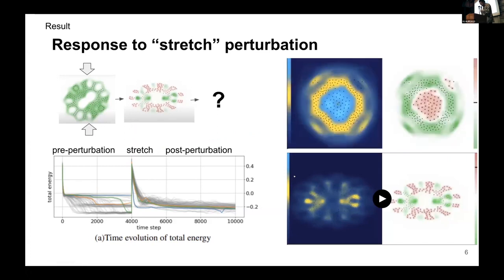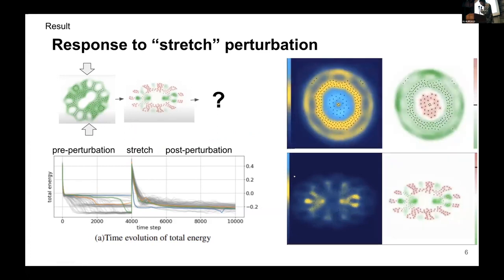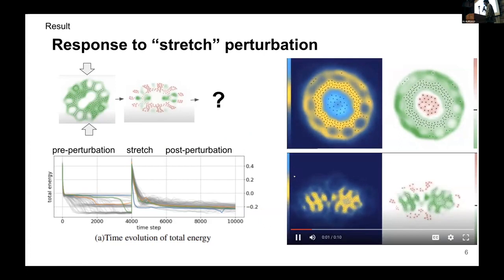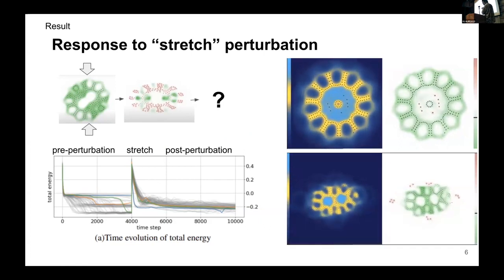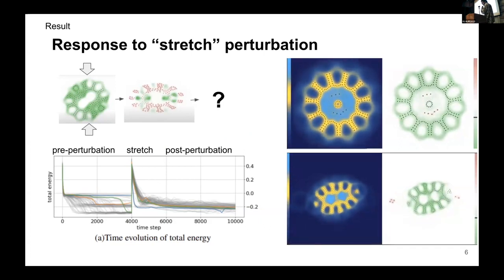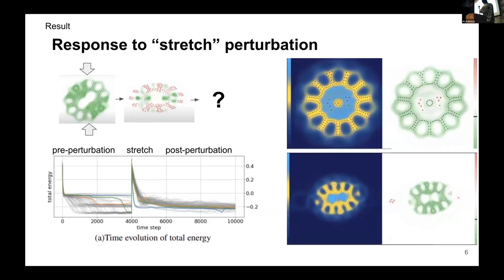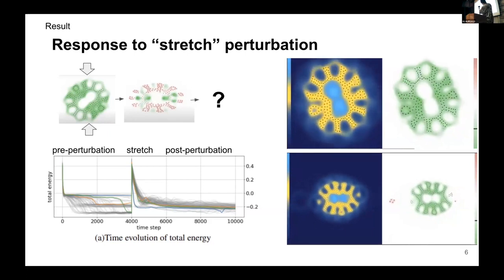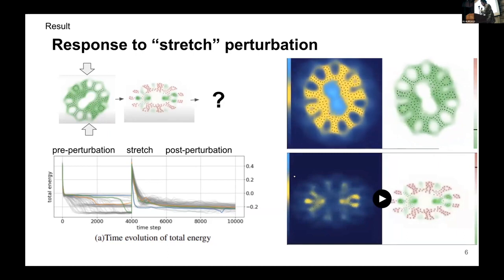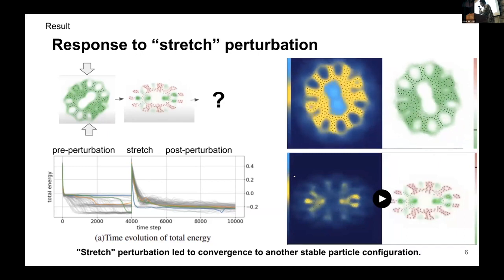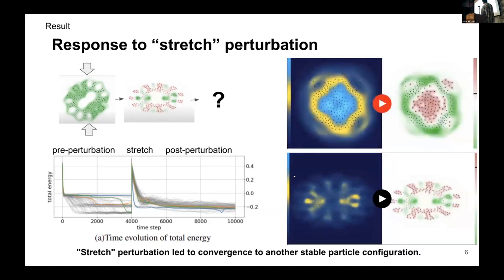After that, we apply the stretch perturbation, and Particle Lenia switches to another stable particle configuration. So this is the example.